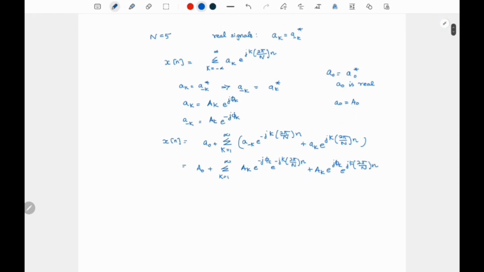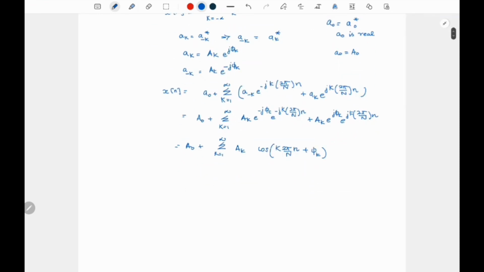If I take |a_k| common out, I'll be remaining with e^{j(k 2 pi by N n plus phi_k)} plus e^{minus j(k 2 pi by N n plus phi_k)}. So it is nothing but a_0 plus summation k equal to 1 to infinity 2|a_k| cos(k 2 pi over N n plus phi_k). So this 2 I can write here, 2 times |a_k|.